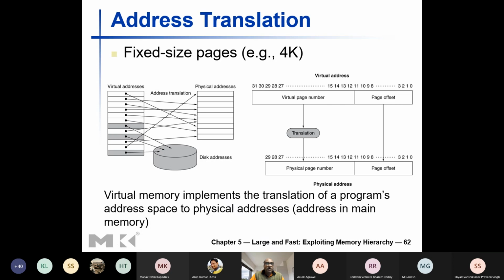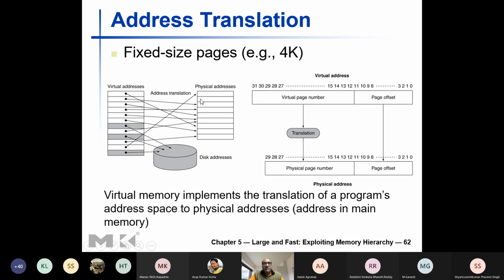So for a process, for a program here, some pages will be brought in and some of them will remain there in the disk itself. Now here, how do we perform this translation? Because the CPU generates these virtual addresses, and from this we need to generate the physical addresses, because the actual data is available in the main memory, and that will be accessed by the CPU. So we need to translate these virtual addresses generated by the CPU to their corresponding physical addresses.